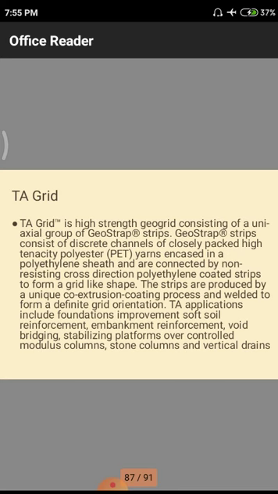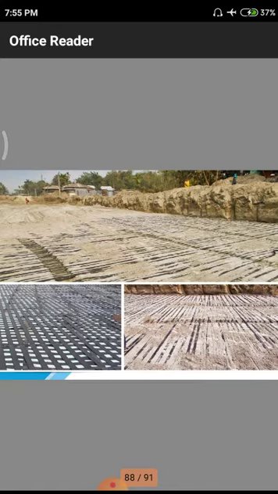On the terra grid we fill with soil, and on the soil we go for other granular layers. Those will give better results once we observe these kinds of structures.